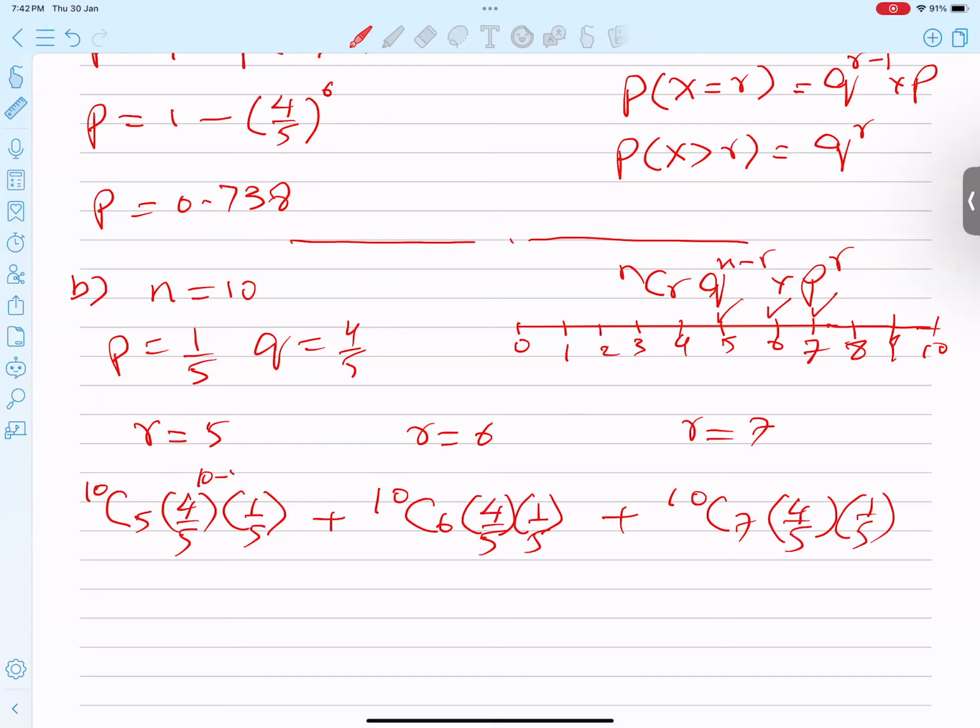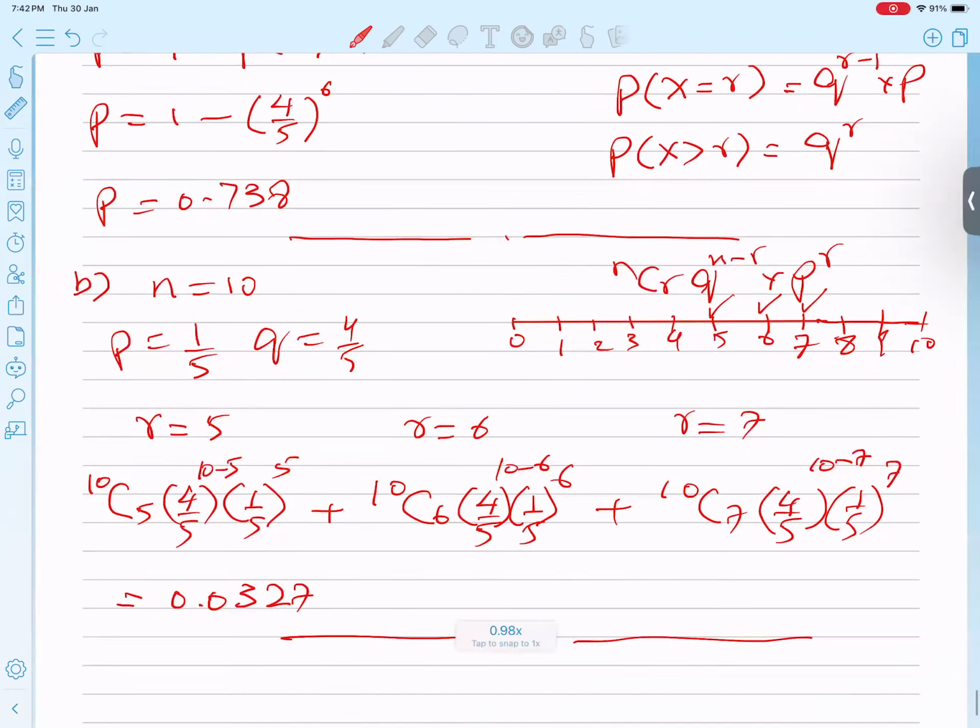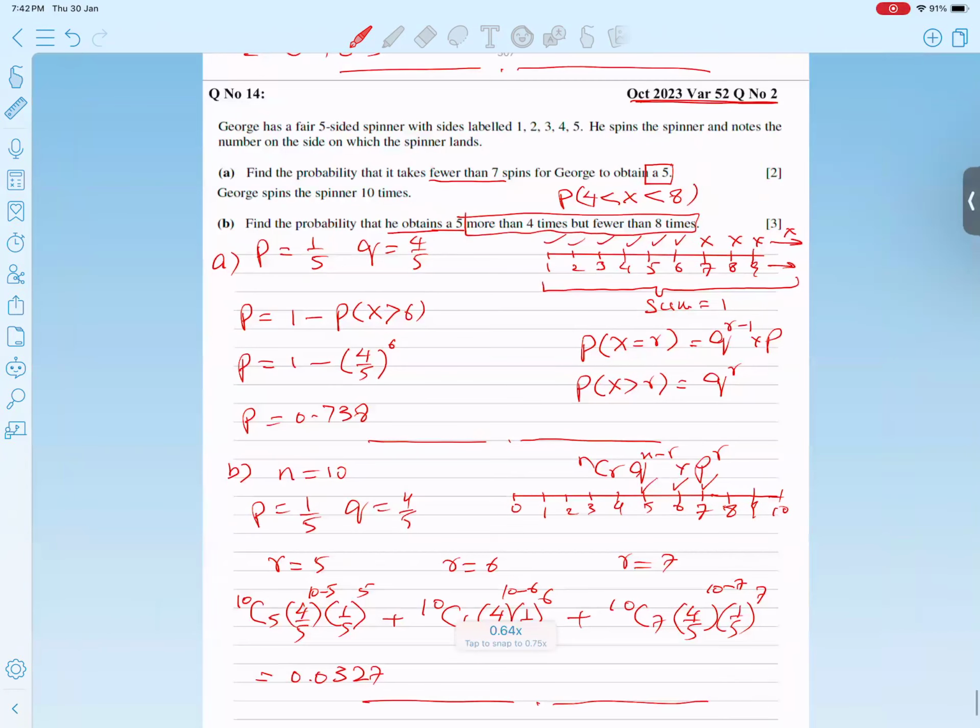Power 10 minus 5 and 5, 10 minus 6 and 6, 10 minus 7 and 7. If we check it in the calculator, the answer finally comes to 0.0327. Alhamdulillah rabbil alameen, the question is completely over.